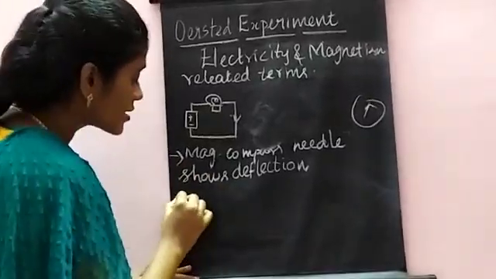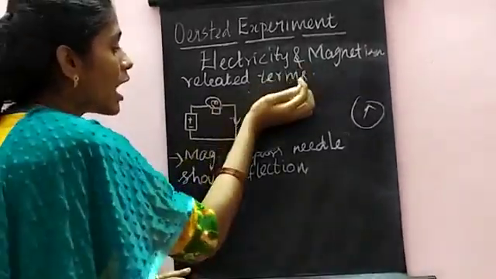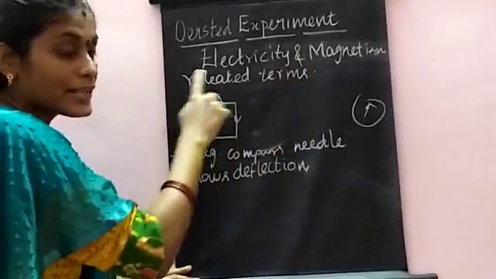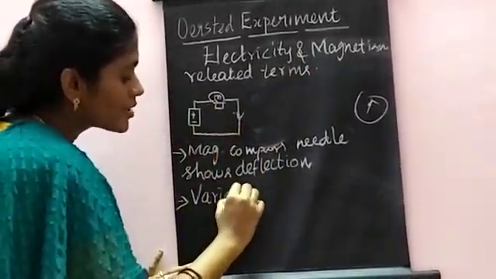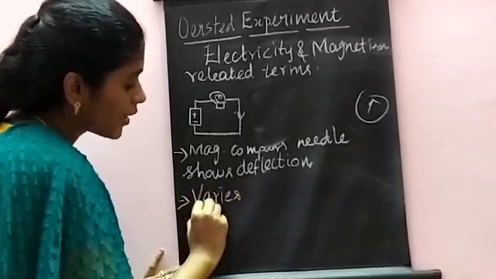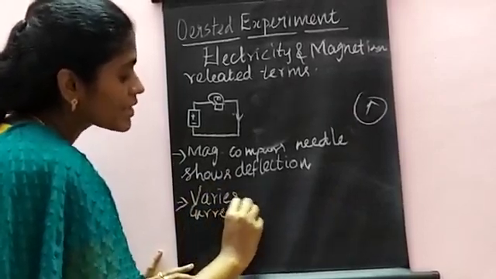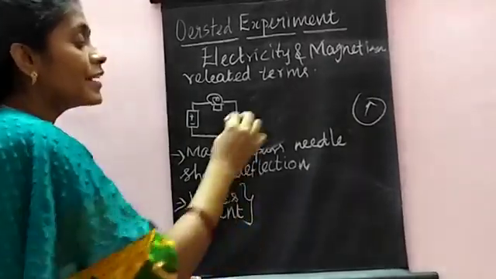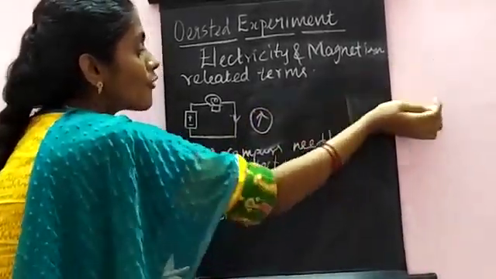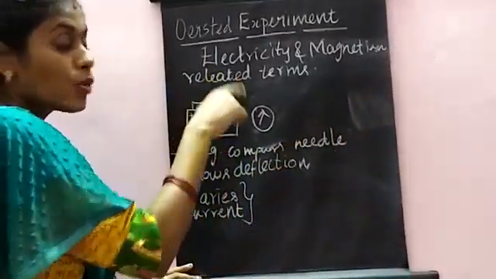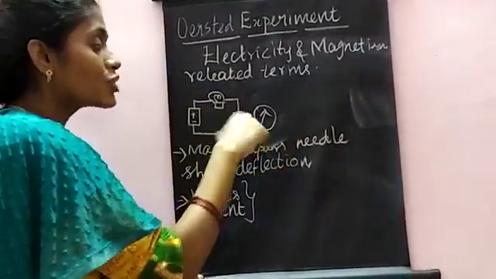Next, he varied the amount of current flowing in that circuit. If the current varies, the deflection shown by the magnetic compass needle also varies. If the current is more, the deflection is more.